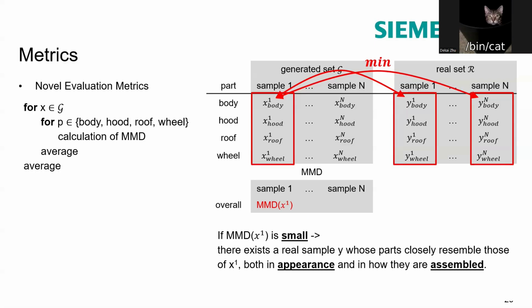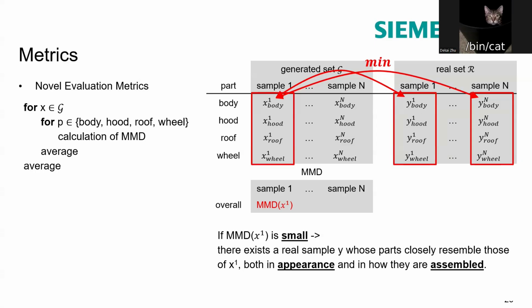This means that each semantic part of the generated sample one looks very similar to the corresponding semantic parts from the real sample one. And moreover, it also implies that all the semantic parts from the generated sample one combine in a similar way as the semantic parts in the real sample one.